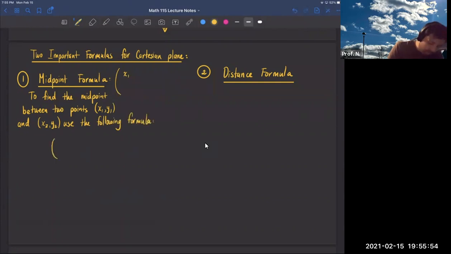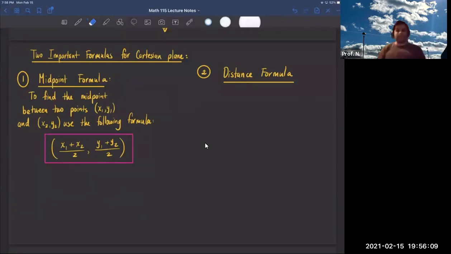And the formula is x1 plus x2 divided by 2, comma, y1 plus y2 divided by 2. So that's the formula. And I'll give you an example to see how we use it. It's a pretty straightforward formula. These coordinates here represent the averages of the x coordinates and the y coordinates.